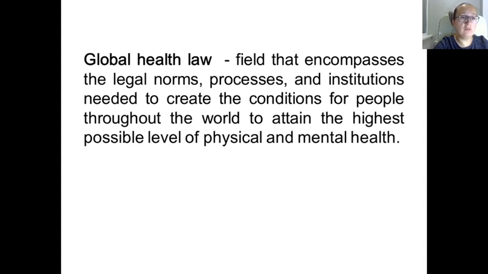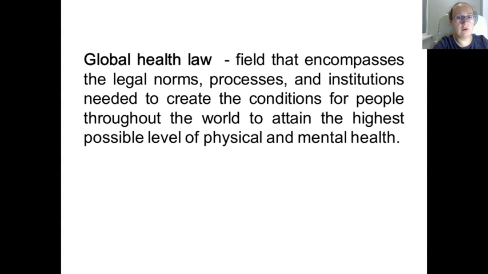Of course, the evolution of global health law in the last two decades is very much tied to the protection and promotion of human rights related to physical and mental integrity.